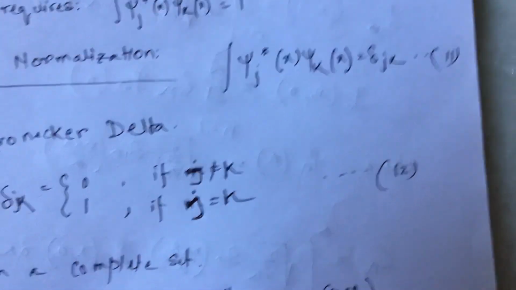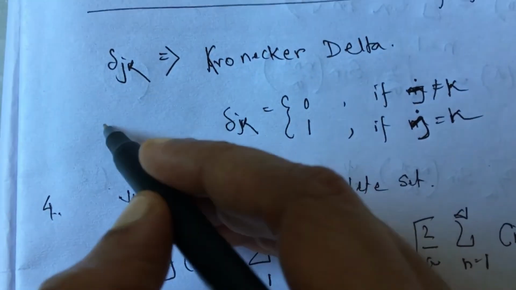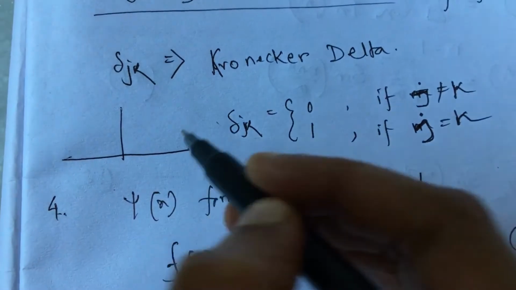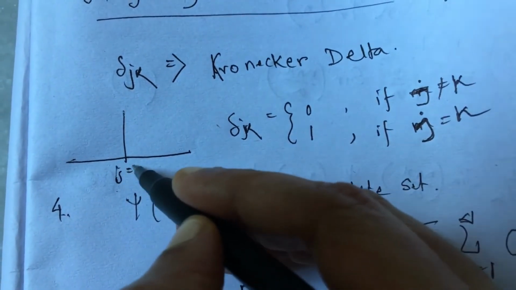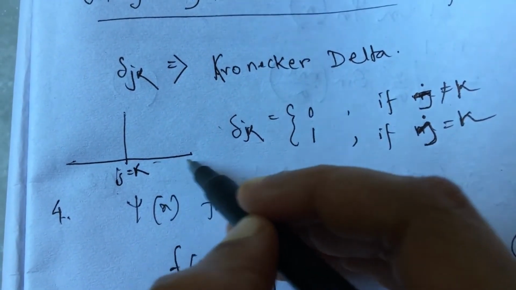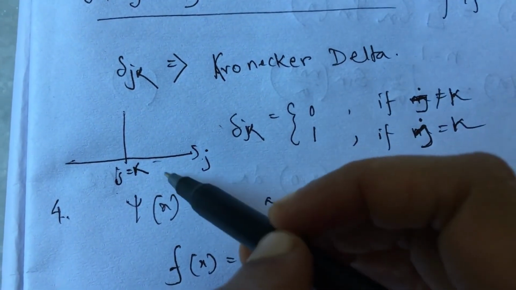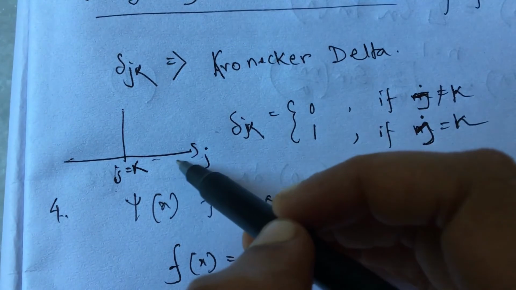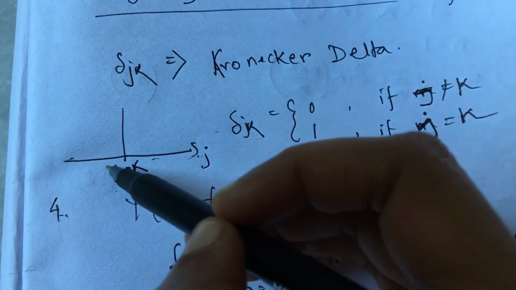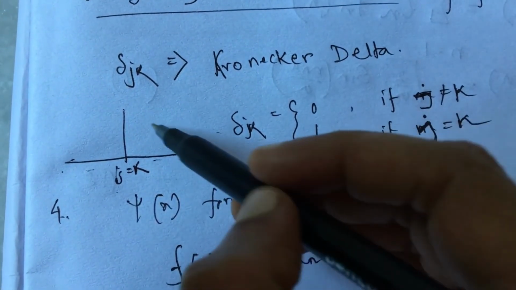The delta function looks like this. Suppose this is j equal to k, and these are other values of j. This is the j axis. This value of j is something other than k.